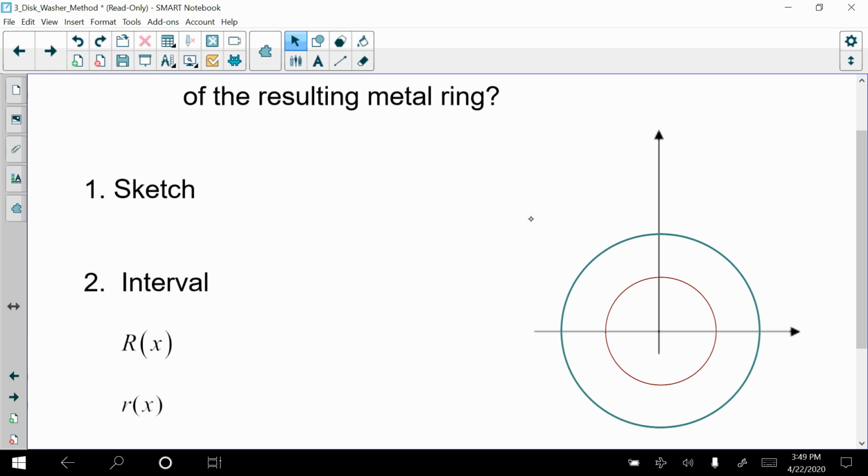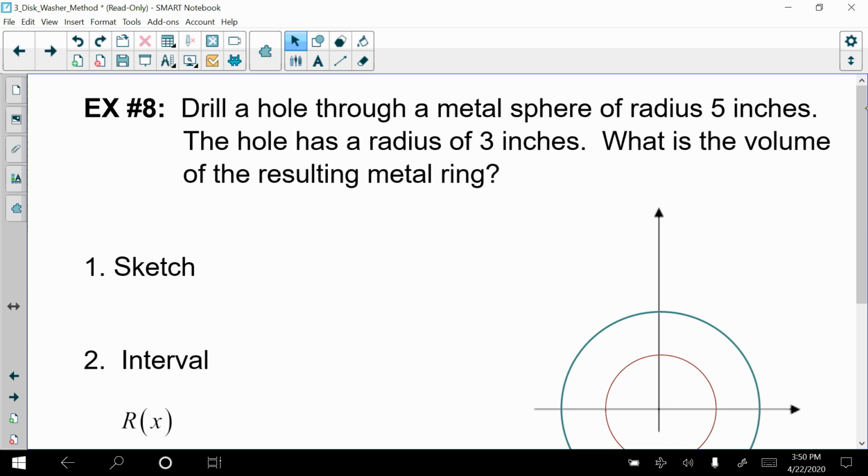They're not giving us the equation of our circle here, but it's going to be pretty easy to do with a radius of 5 inches.